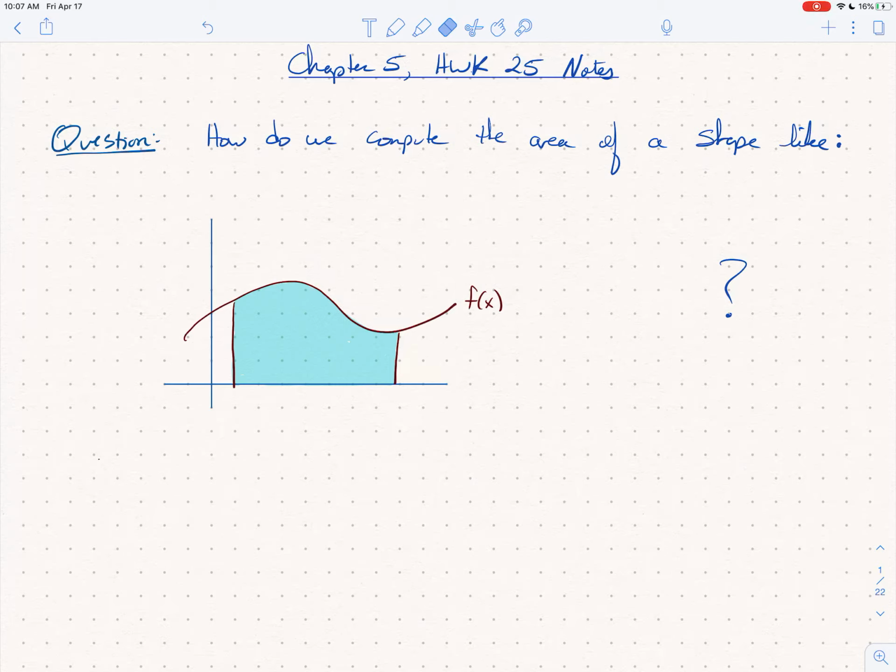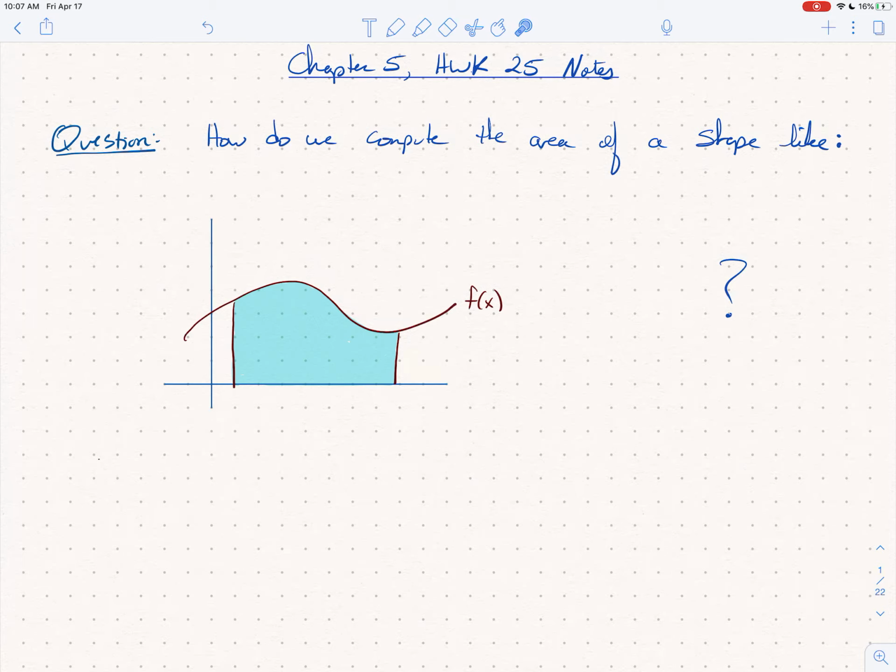We're going to ask ourselves how we can compute certain areas. And so we're interested in areas of shapes like this. Notice I have a function, f of x, and I want the area under my function but above the x-axis, between x equals a and x equals b. So this is the area that I want.